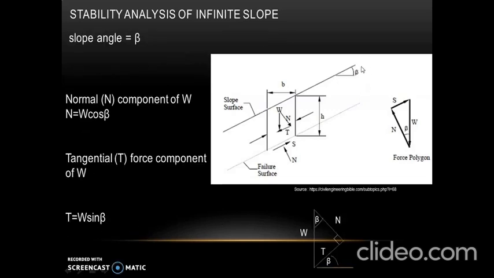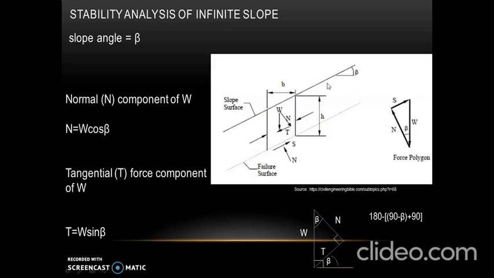Let the angle made by the slope be beta. Now we will find out what is the normal component of W and what is the tangential component of W. So to find N and T, we will consider a right angled triangle.